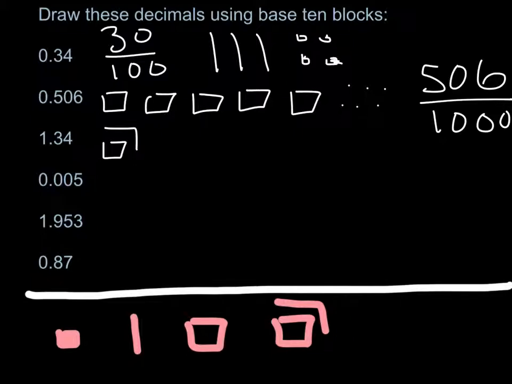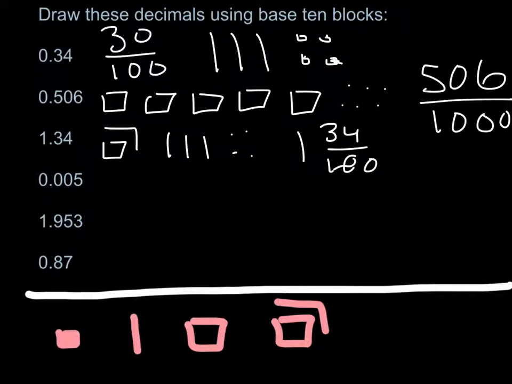So I need to show 34, which would be 3 longs for 30 and 4 cubes for the ones, 34 hundredths. To write it as a fraction, it would look like 1 and 34 over 100.